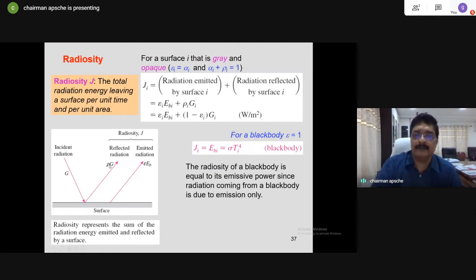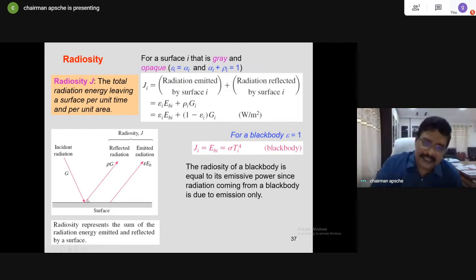What is rho in terms of alpha? Rho is 1 minus alpha, because normally the relation is rho plus alpha plus tau equal to 1, and here tau is 0 because it's an opaque surface. What is Kirchhoff's law? Alpha is equal to epsilon. So rho is replaced by 1 minus epsilon.